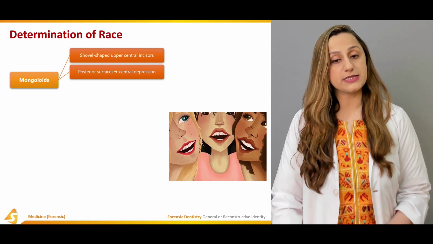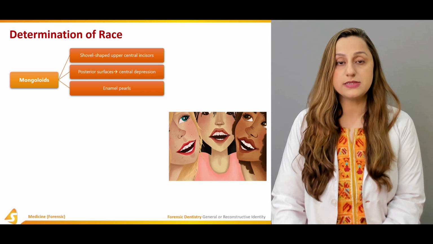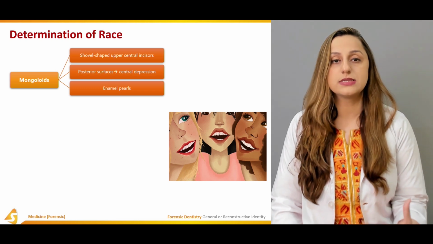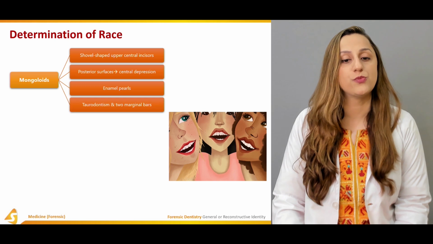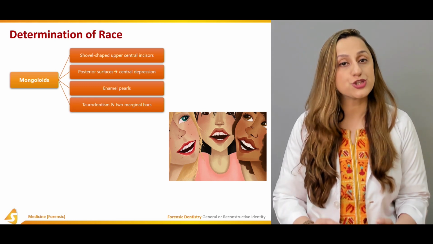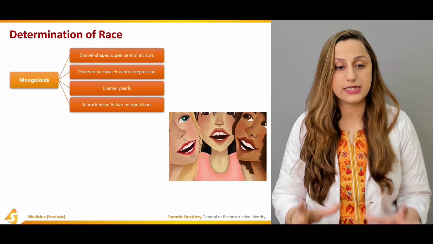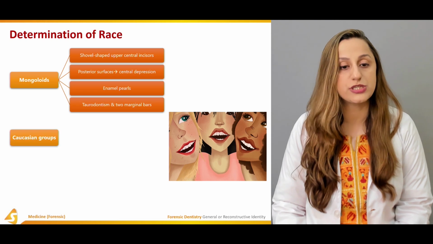The posterior surface in such a case usually has a central depression and the enamel is pearl colored. So this is usually the terminology used for the Mongoloids. Then we can have the taurodontism or the two marginal bars. It's again one of the critical criteria used to distinguish the Mongoloids.